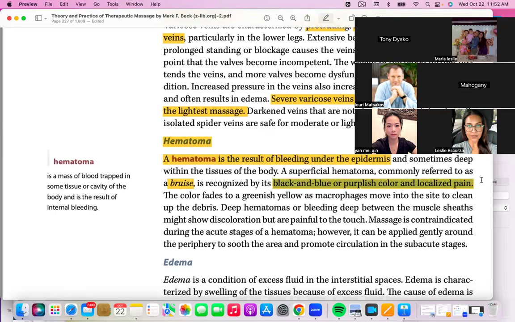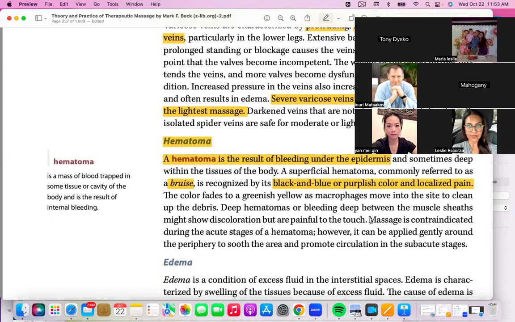So it's superficial. The color fades from yellow to greenish yellow as macrophages, which are white blood cells, move into the site to clean up the debris. Deep hematomas, or deep bleeding between the muscle sheaths, might show discoloration but are painful to touch, meaning it happens below the superficial fascia, into the muscle.